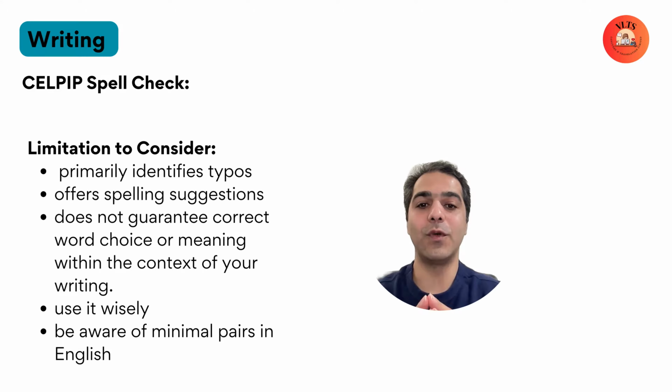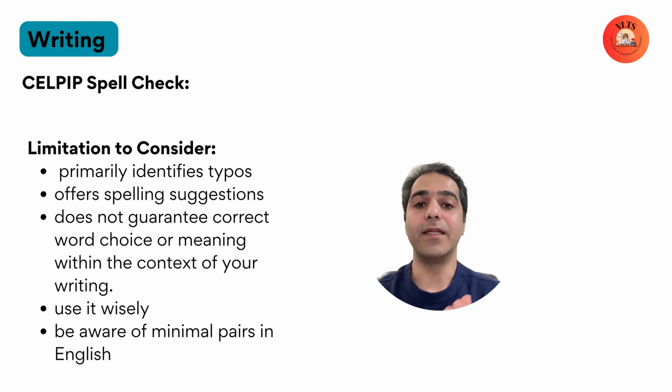But if you write instead of cut, C-U-T-T, then it identifies and underlines it as a red word. So you can go to that word, right click on it, and see the options provided.